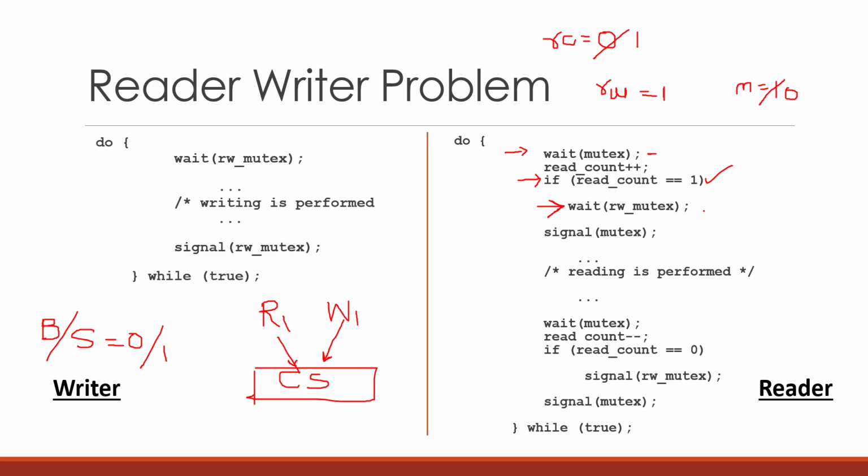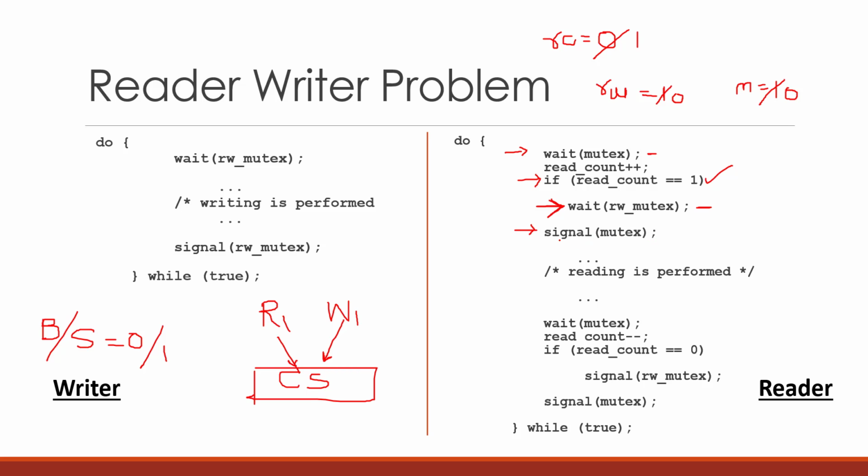So I'm going to do wait of RW mutex, which means I'm going to decrement the value of RW mutex to 0. So it has been decremented to 0. If I go to the next statement, I will do a signal on mutex, right?